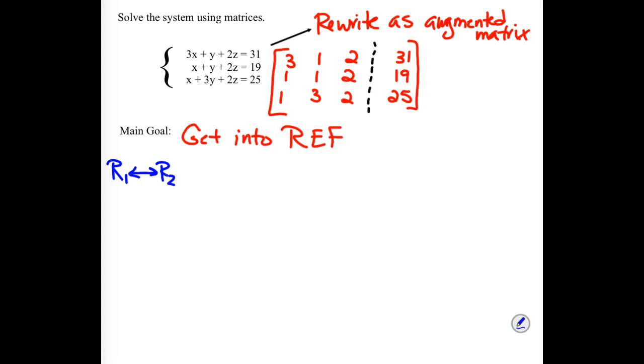Okay? So, my new matrix, 1, 1, 2, 19 is now my first row. The 3, 1, 2, 31 is now my second row. And I haven't changed the third row.